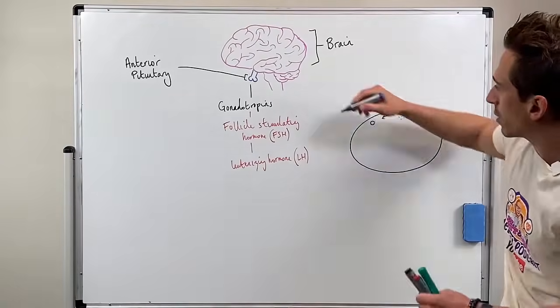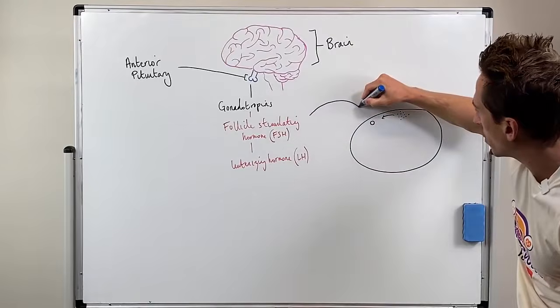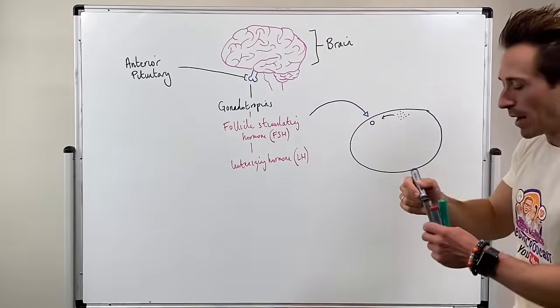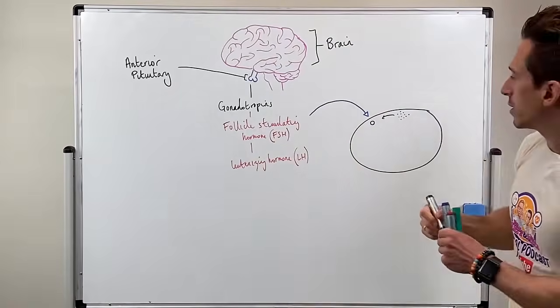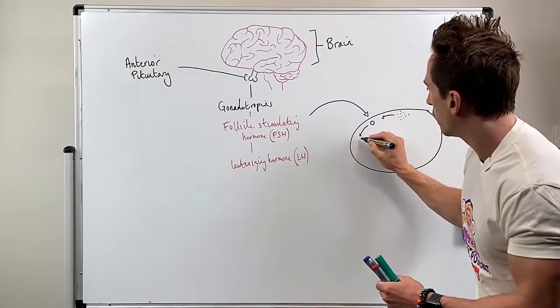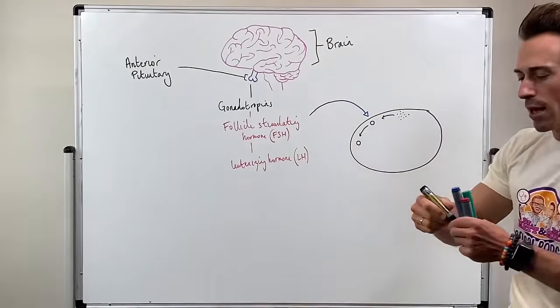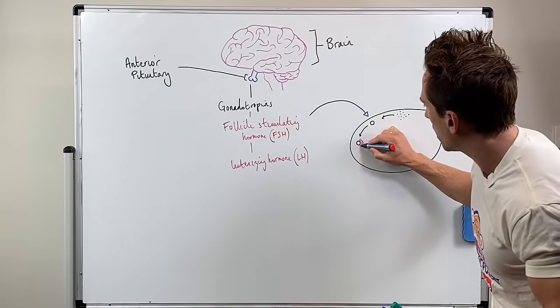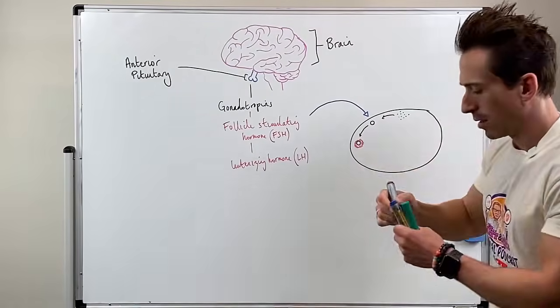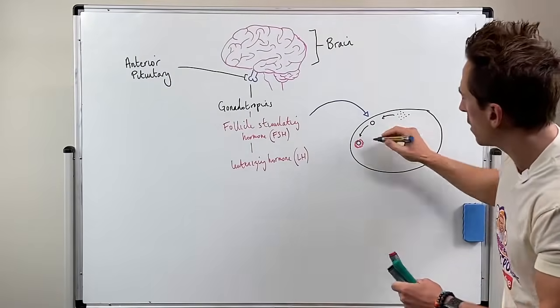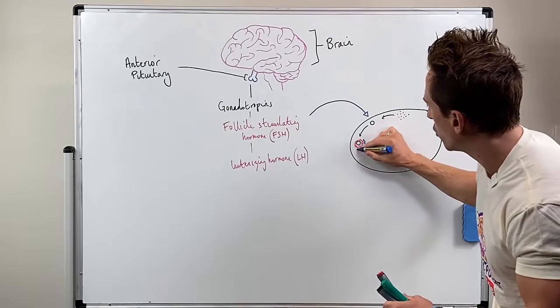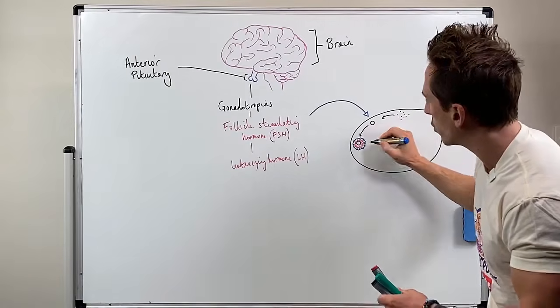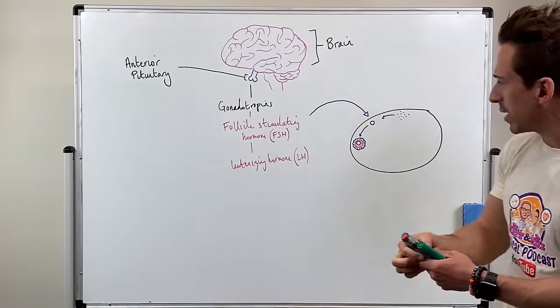It stimulates the follicle. So follicle stimulating hormone comes along and stimulates the primary follicle to turn into something called a secondary follicle. And this secondary follicle will start to grow and develop a number of different cells around it. Now these cells are going to produce a hormone called estrogen. Really important, estrogen.